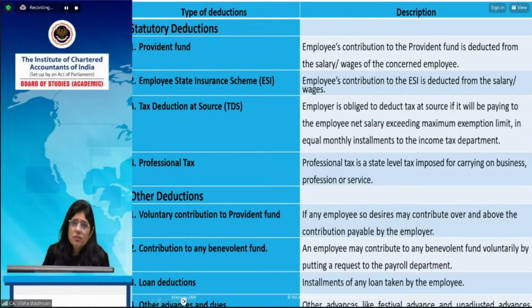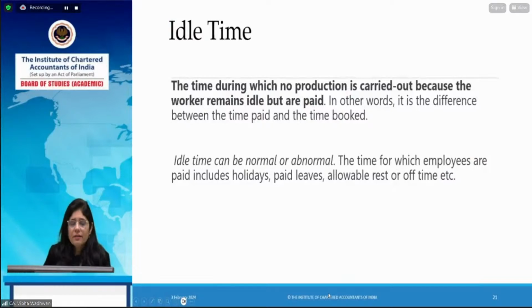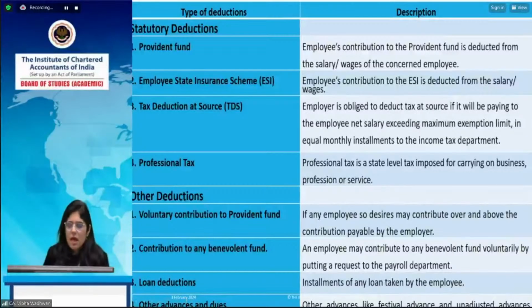Loan deduction: if the employee has taken any loan from the organization, we make a deduction. And other advances, any festival advance or anything which the employee must have taken, is deducted from the salary. So these are all the deductions done from the salary of an employee.